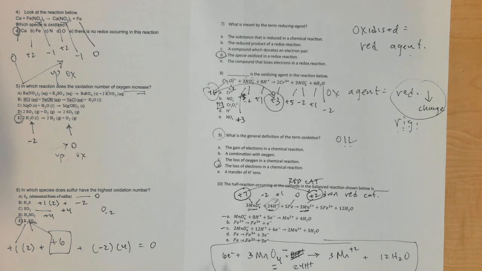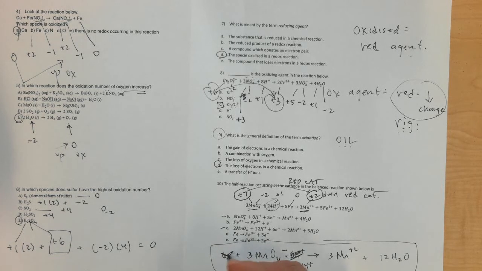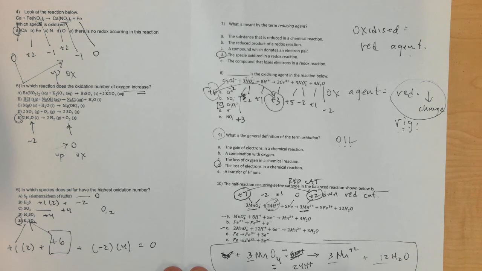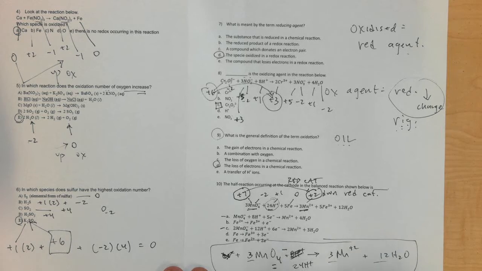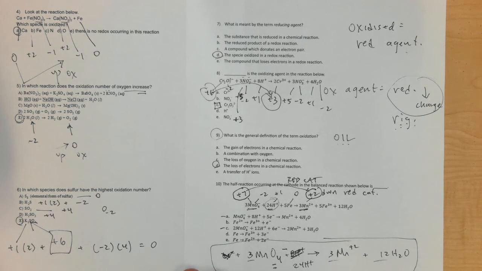And so I think we're going to end up with not using this number of electrons, but if we divide everything by 3 right here, then I think we end up with MnO4 minus plus 8 H pluses goes to Mn plus 2 plus, let's see, divided by 3 would be 4 H2Os. And then to balance that, I believe I've got plus 7 over here, and so I need 5 electrons here.